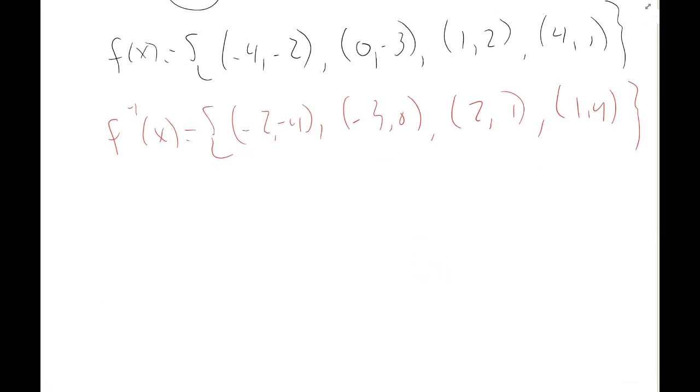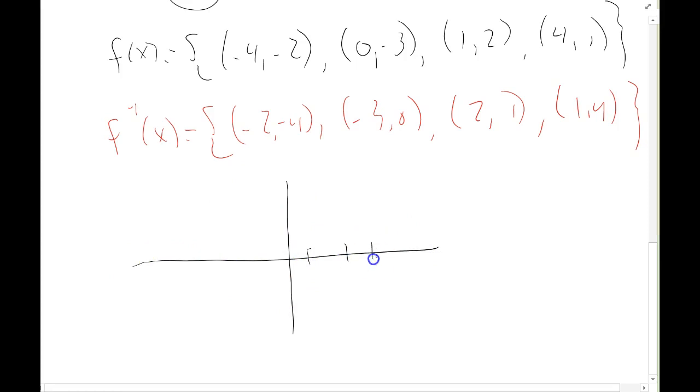What if I have a graph instead? If I graph f of x, there's the point (-4, -2). Again, this is the same f of x from before. (0, -3), (1, 2), (4, 1).